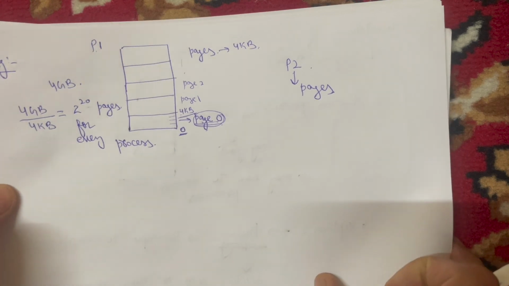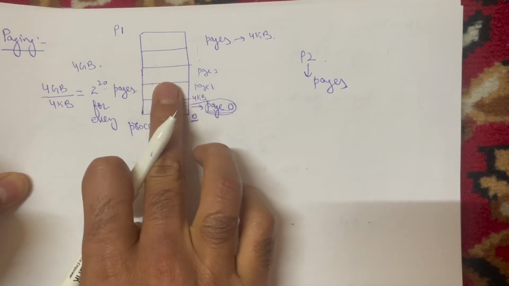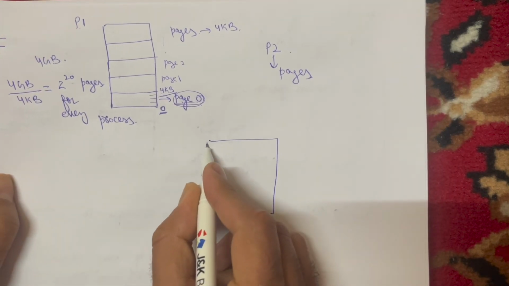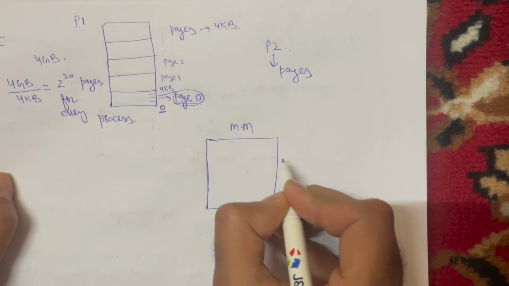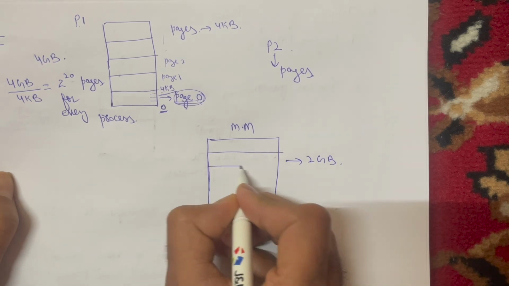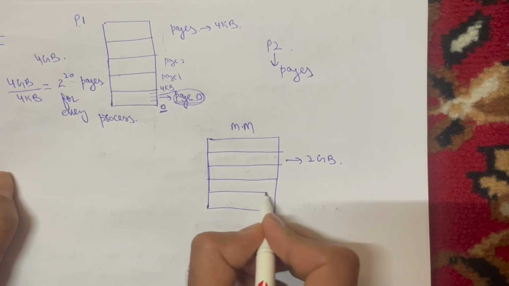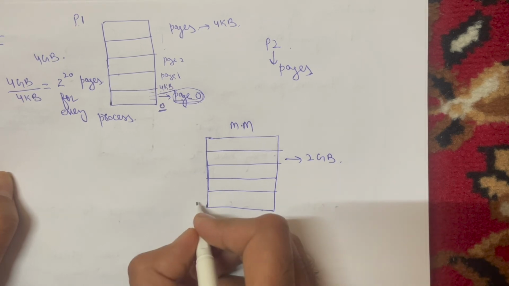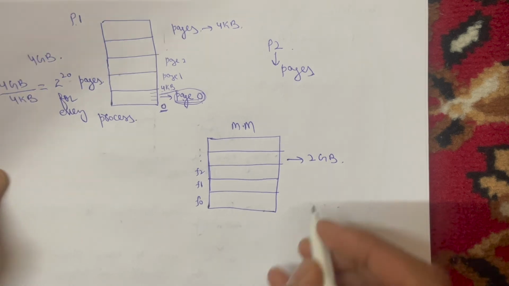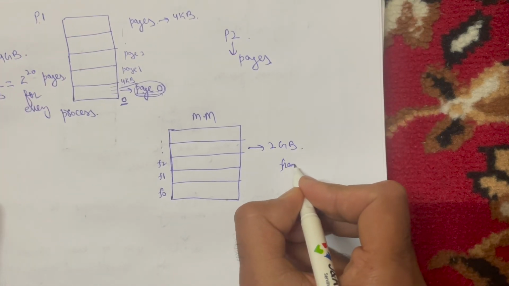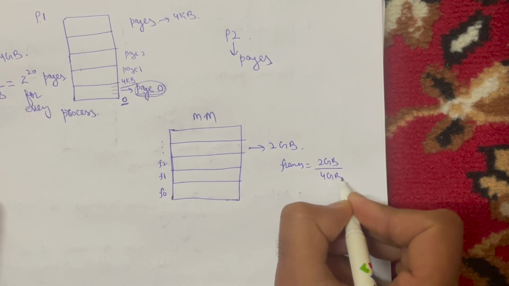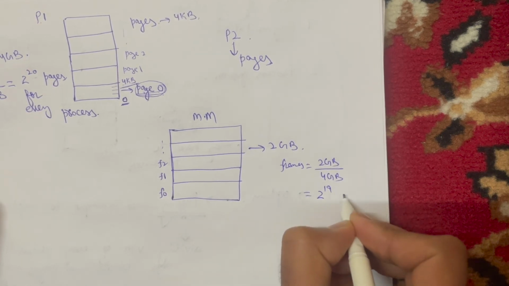Now I have these processes, and I have a main memory, and I will divide this main memory. Let's suppose this main memory is of 2 GB size. I will also divide this main memory into fixed size blocks, which are called frames. So this is frame 0, frame 1, frame 2. How many frames will there be? The frames will be 2 GB divided by 4 KB. That will be 2 raised to the power 19 frames.